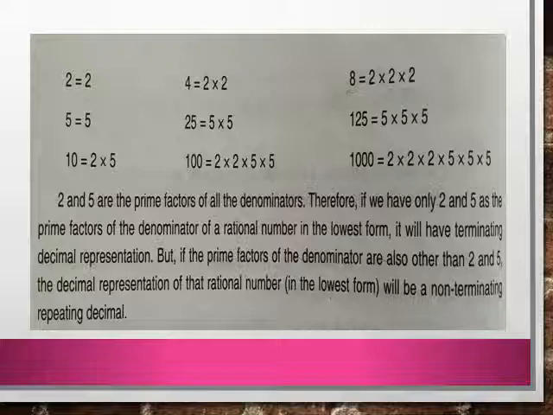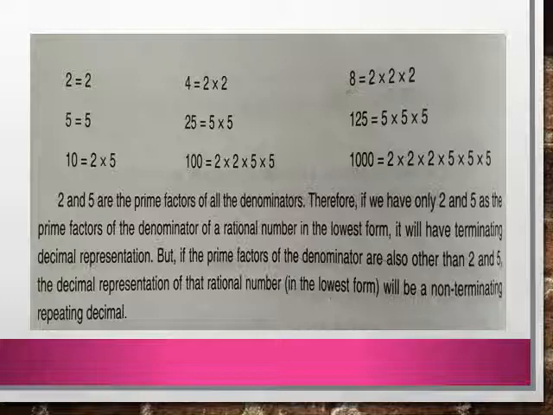Therefore we can say if we have only 2 and 5 as the prime factors of the denominator of a rational number in the lowest form, it will have a terminating decimal representation. But if the prime factors of the denominator are also other than 2 and 5, the decimal representation of a rational number will be a non-terminating repeating decimal.